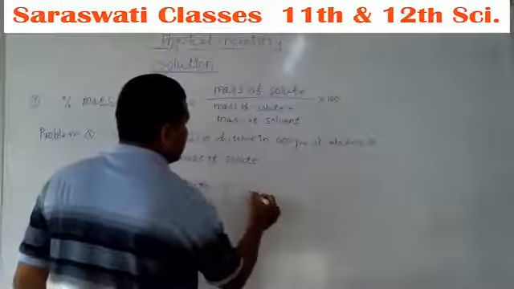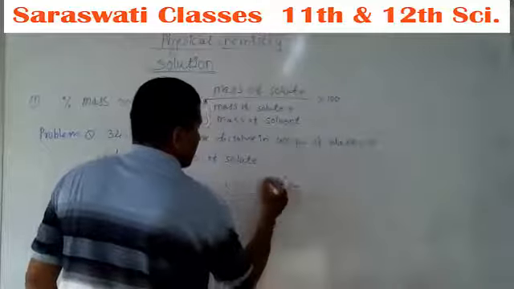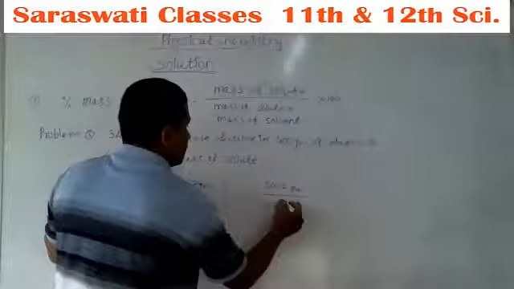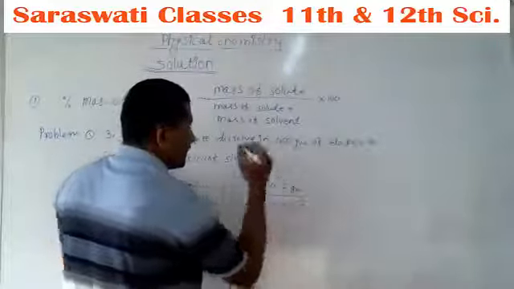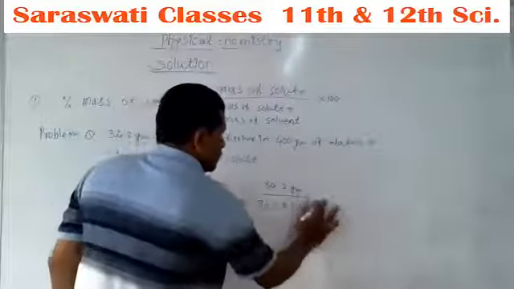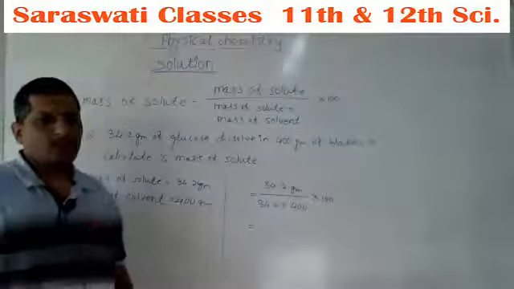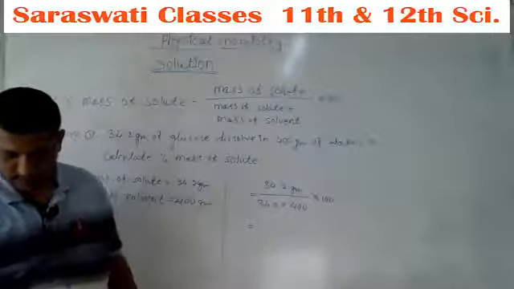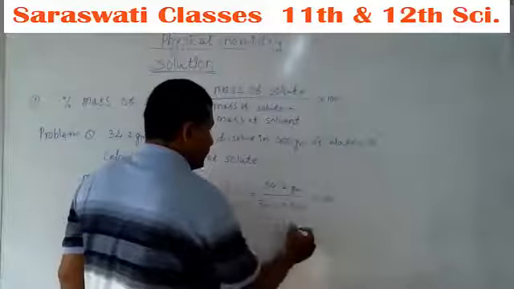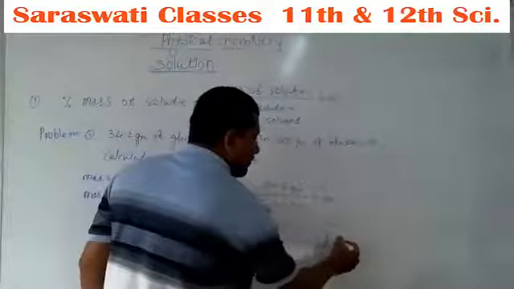Now put this value. Mass of solute is 34.2 divided by mass of solute 34.2 plus solvent mass 400, multiply by 100, equals 7.987, that is nearly 7.9. ठीक आहे. हे आहे वेट बाय वेट.